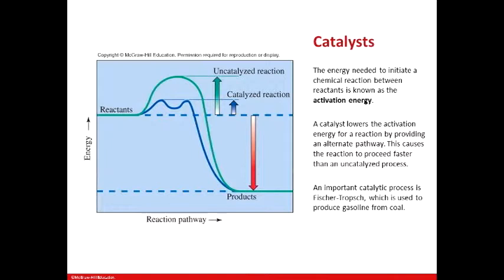Does everyone follow that? Can you visualize that diagram? Non-catalyzed, we have to ride a higher hill before we reach a point where we start to have useful energy. Here, it takes less to get there. So catalysts lower the activation energy. You will want to know that. An important catalytic process is the Fischer-Tropsch, which is used to produce gasoline from coal. Know that.